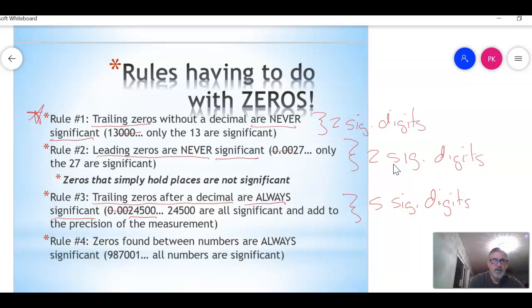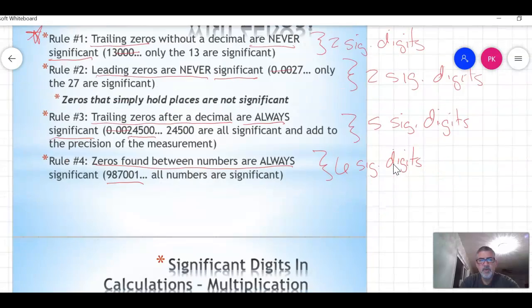And the last rule: zeros found between real numbers are always significant. So everything counts because these zeros are between real numbers. So this would have 6 significant digits.